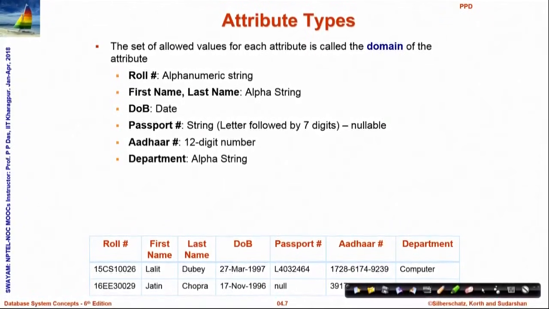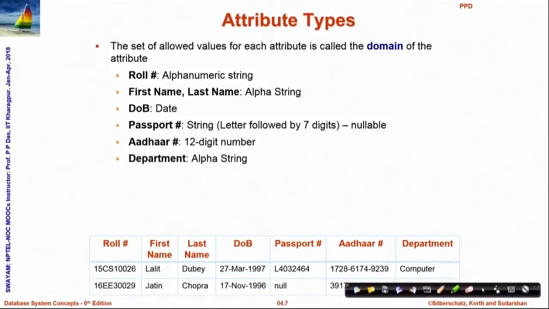There is a roll number for a student, a first name, last name, the date of birth DOB, the passport number, the Aadhaar card number, the department to which the student belongs, and so on. So, let us say these 1, 2, 3, 4, 5, 6, 7 are the different attributes.